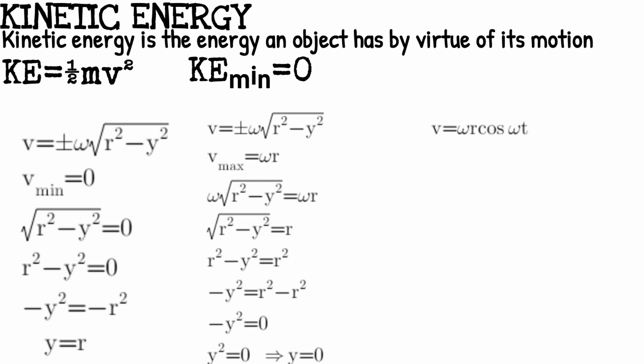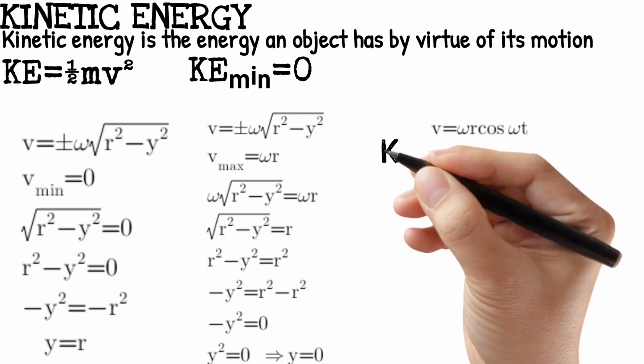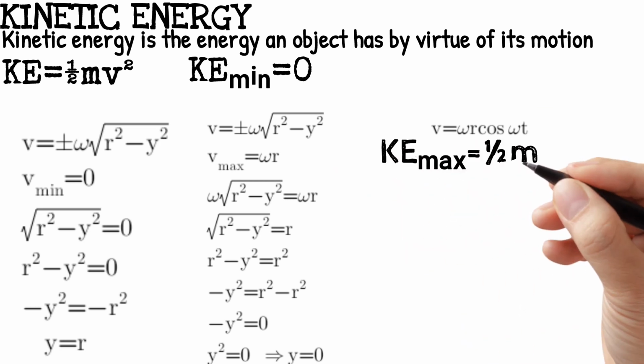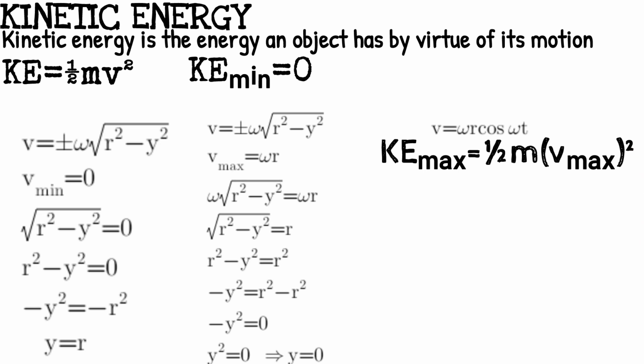So since we have a maximum velocity at that mean position, we will have a maximum kinetic energy. And again, what is that maximum velocity? It is omega r, like I've already explained. So our maximum kinetic energy is equal to half m v max square. We're talking about the maximum kinetic energy, so we should use the maximum velocity.